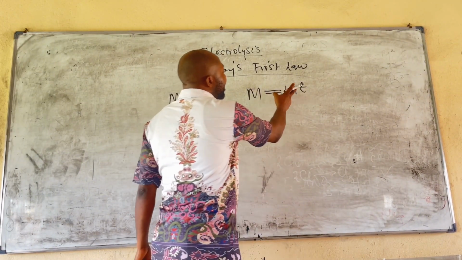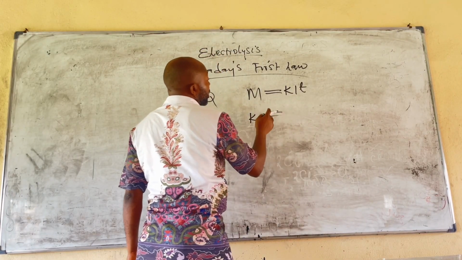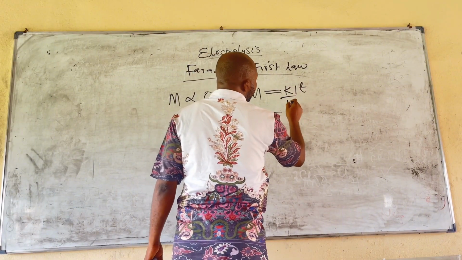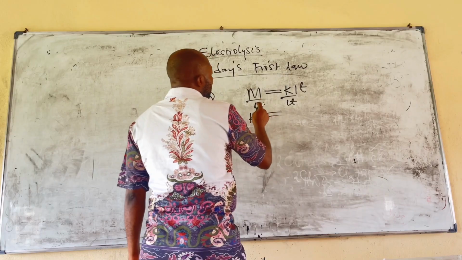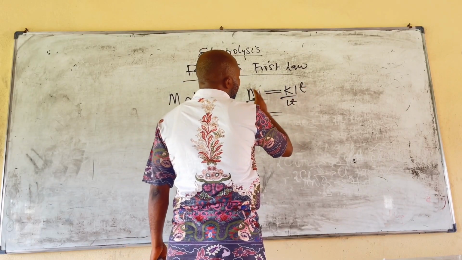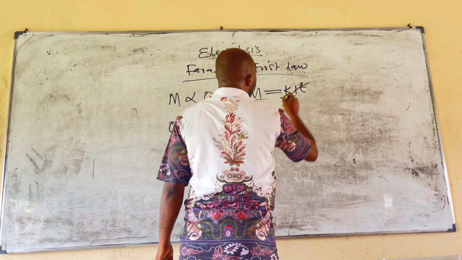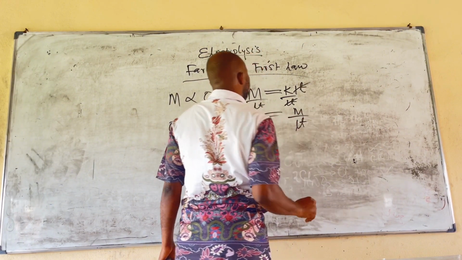Now, if I want to make K the subject, I have to divide both sides by IT. So from M equals KIT, this IT will cancel IT. So K is equal to M over IT.